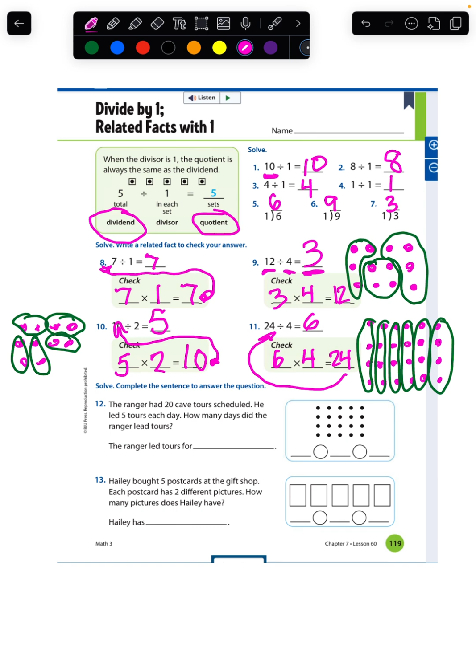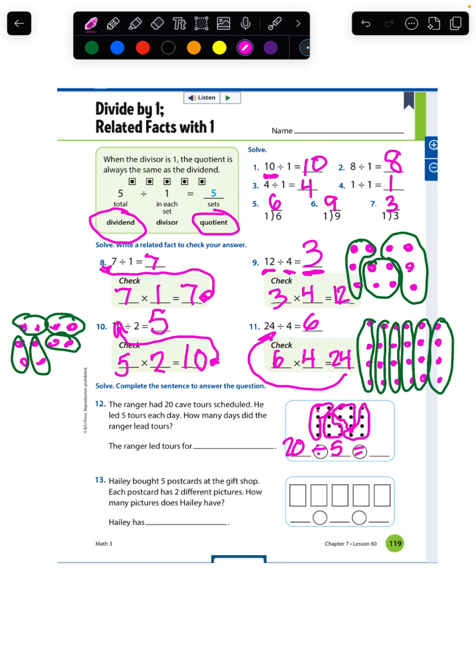So I am going to set this problem up as 20 divided by 5, because those are the two numbers that I have, equals what? So, I can make groups of 5 with this picture and go 1, 2, 3, 4, 5. 1, 2, 3, 4, 5. 1, 2, 3, 4, 5. 1, 2, 3, 4, 5.